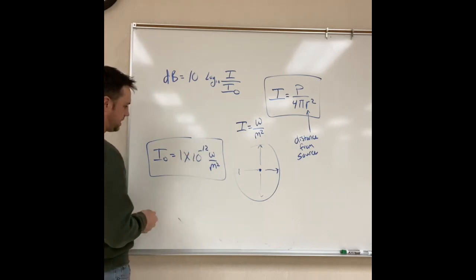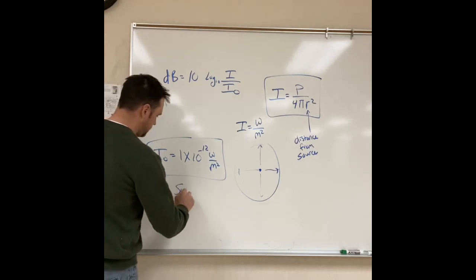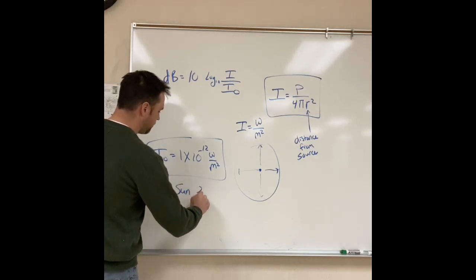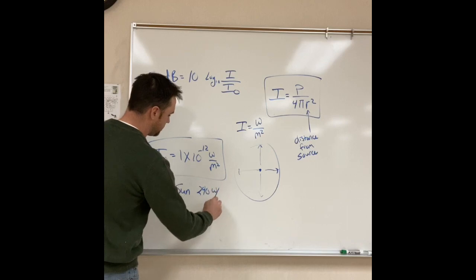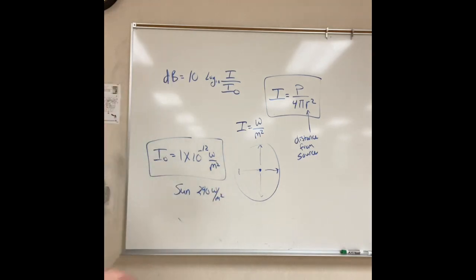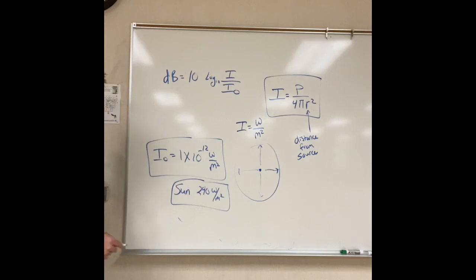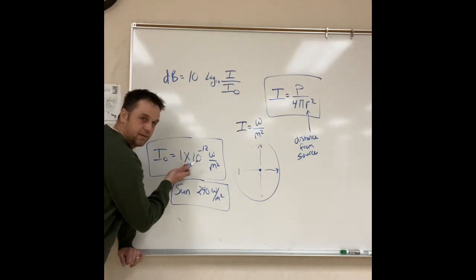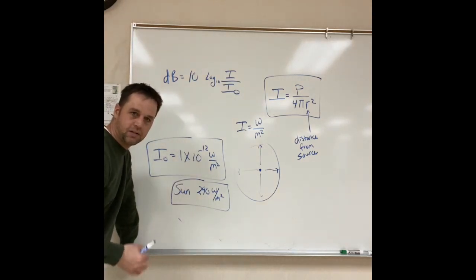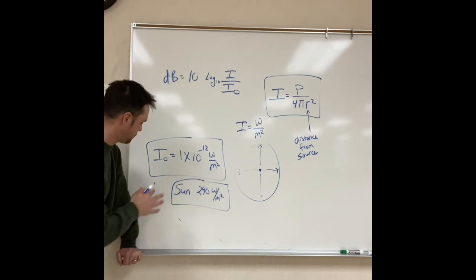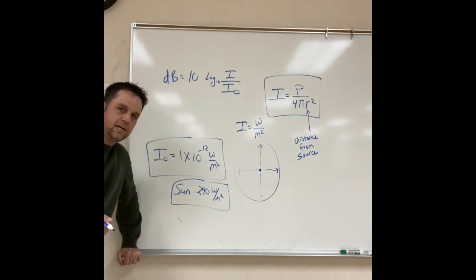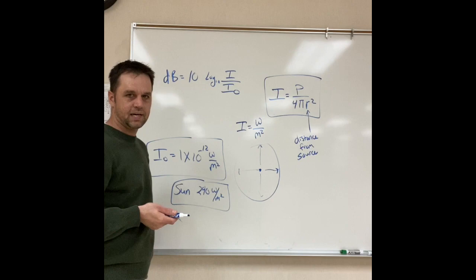For example, the sun hits the earth with 240 watts per meter squared. It's like the sun has 4 60-watt light bulbs sitting on the corners of every square meter of the earth. Right? And that doesn't seem like that much power. I mean, it is, but 1 times 10 to the negative 12, that's way smaller, and our ears can perceive that. I say that this threshold of hearing is the sound of a mouse peeing on cotton.